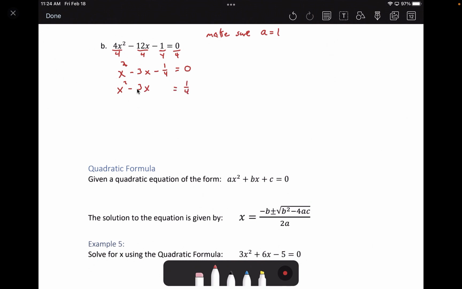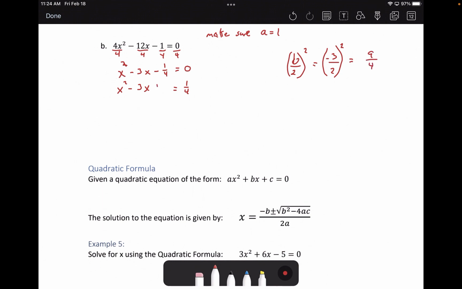Now we need to add in a number to force a perfect square trinomial. That number is always b over 2 squared. b in this case is -3. So we'll cut that in half and square it. We get 9/4.